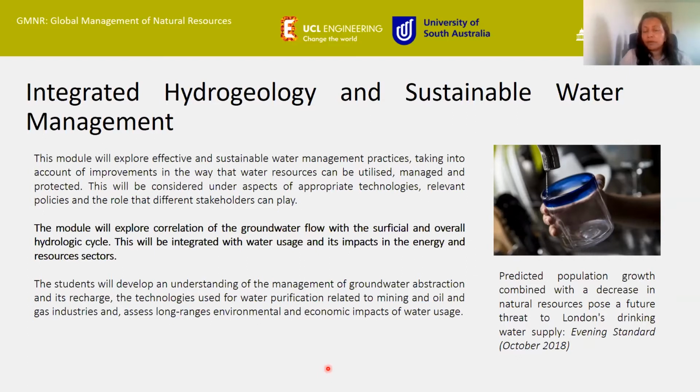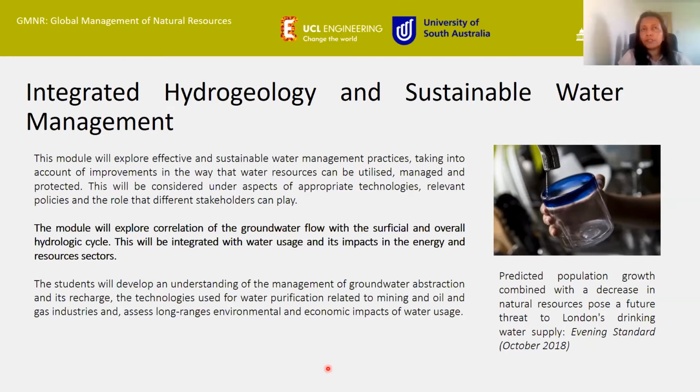So again, we would be using a lot of case studies in the module. For example, in London, we are on the brink of a water crisis. There is already some water stress, which is going to be augmented in future. We're going to see acceleration of that in the future. There are a number of reasons for it. One is obviously the rising demand due to population growth and the change in lifestyle.